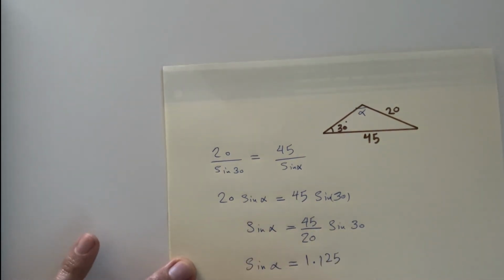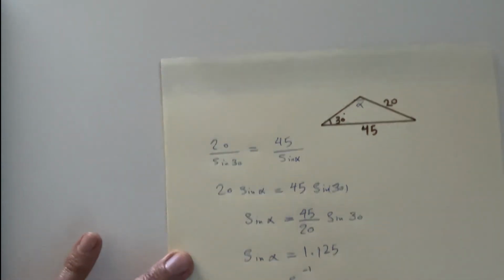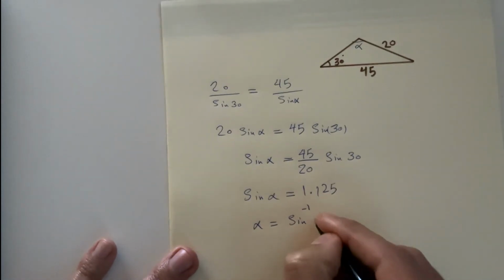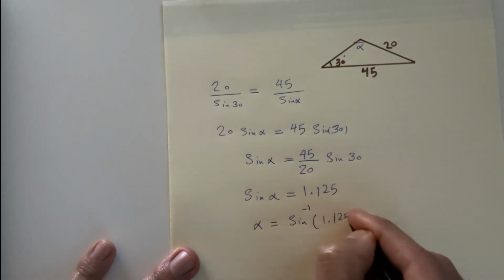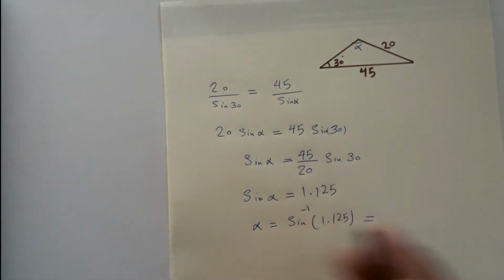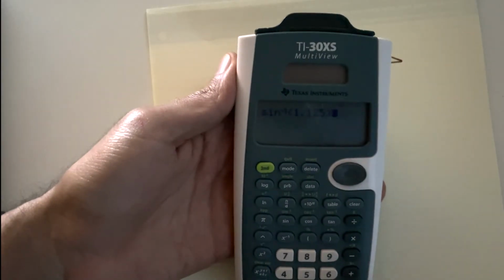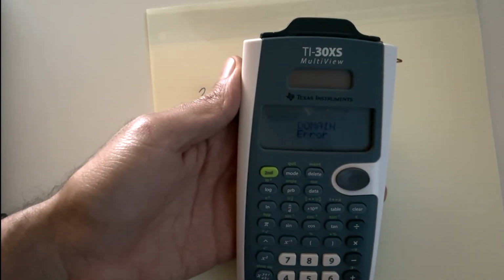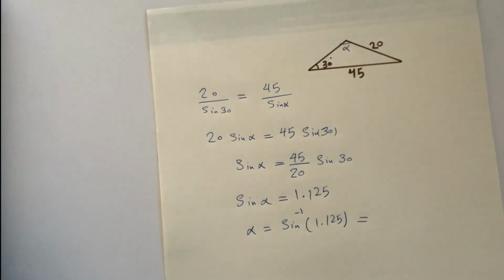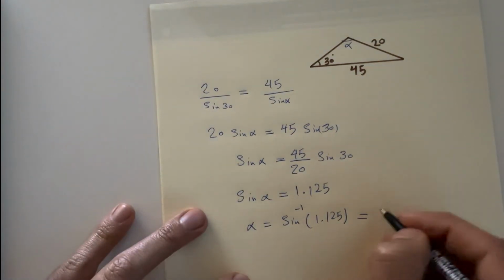1.125. And here, if I calculate the arc sine of 1.125, I will have an error, which is a domain error, which means there is no answer here.